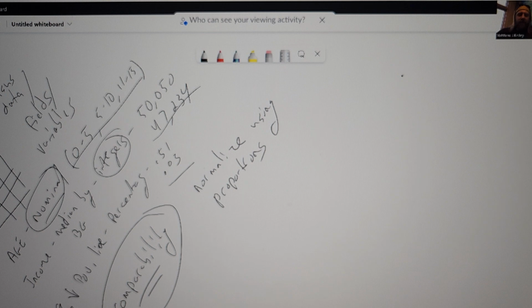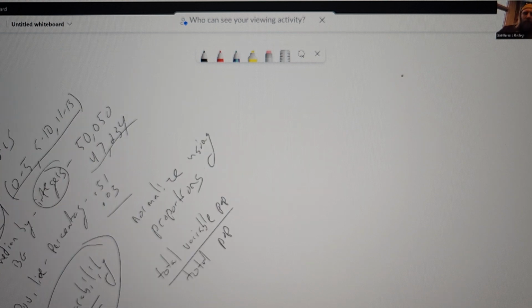Okay, those are our options. So you can divide the total number of people that did this or that by the total population of that unit of analysis. Okay, so that's just the simple formula: total variable pop divided by total pop. Okay, there's your percentage that did this thing or that thing. You also can divide your pop by area, right?